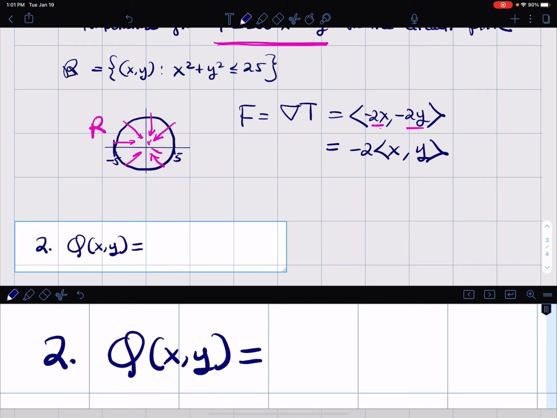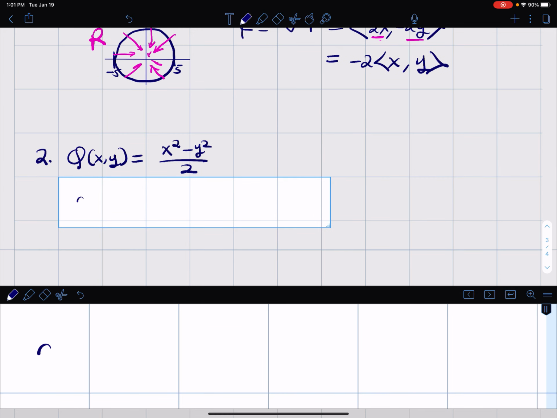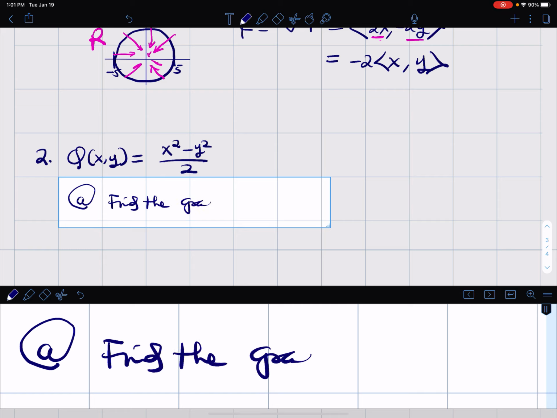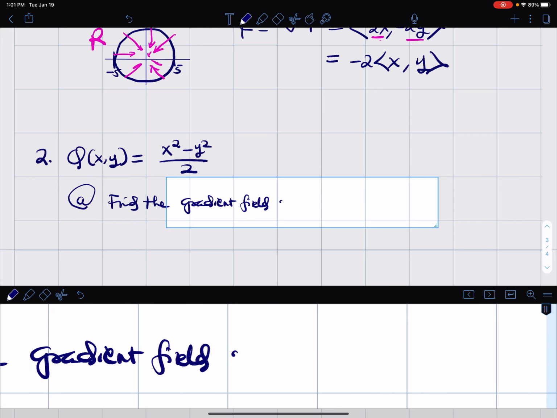Sorry about that. Phi equals x squared minus y squared over 2. All right. So I want you to find the gradient field for phi.